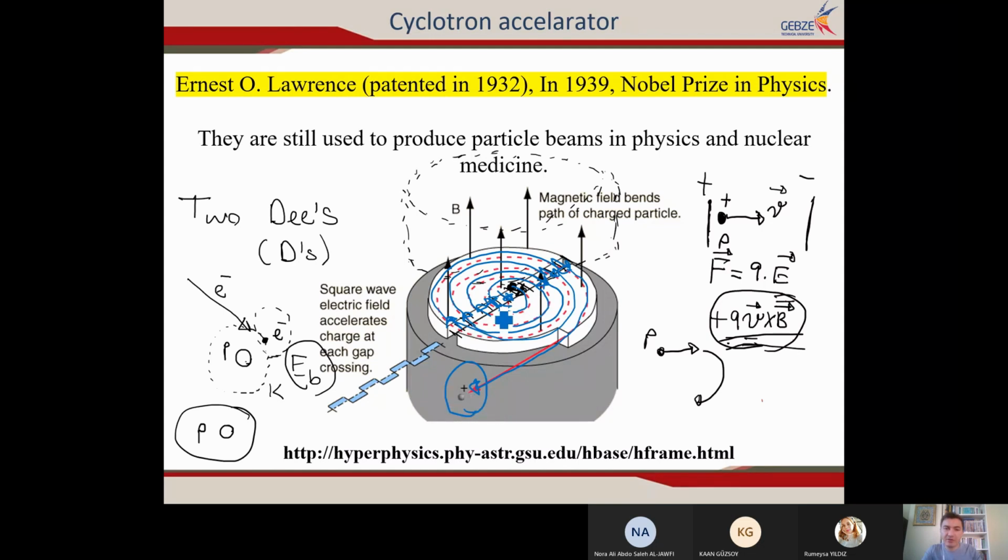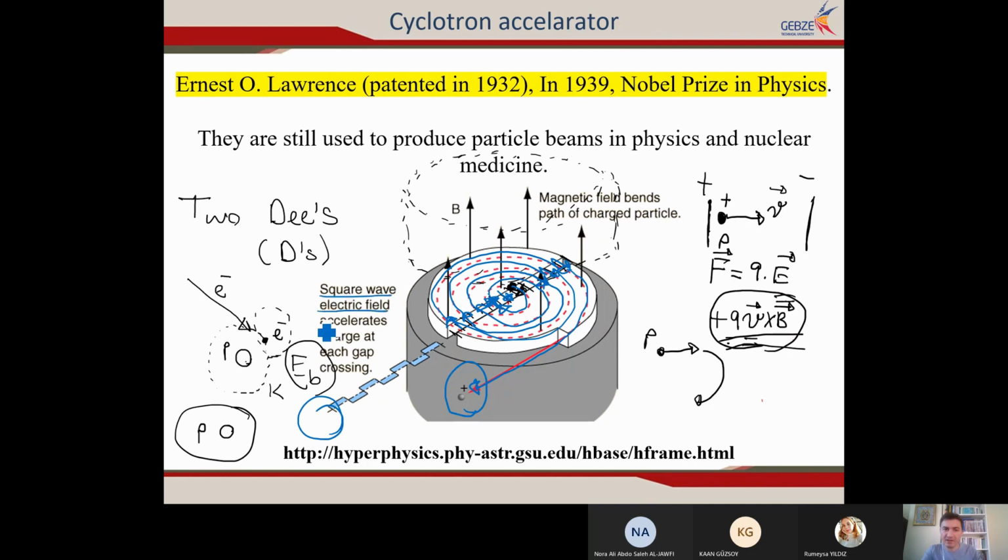So the direction of the electrical field, look at this one. Whenever the proton enters here, the electrical field applies a forward force on the proton. And here again, the electrical field applies a forward force on the proton. And each time, we increase the velocity of the proton. So how do we do that? As I told you, we are using a square wave source here.